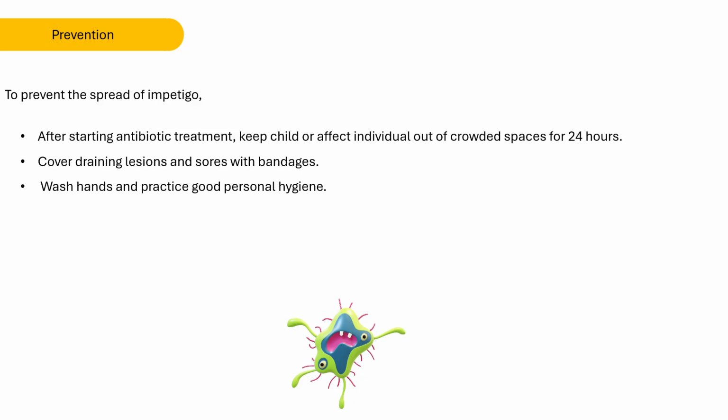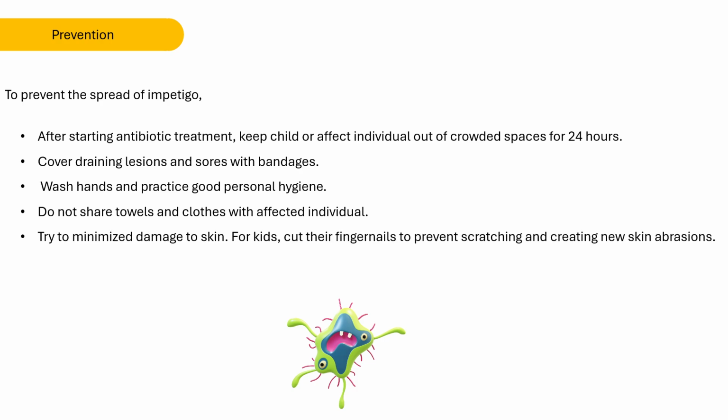You must wash your hands and practice good hygiene. And do not share towels or clothes with anyone. And for kids, it is important to try to minimize the damage they can do to their skin. One way is to cut their fingernails so they won't scratch themselves and create new wounds for the bacteria to move to.